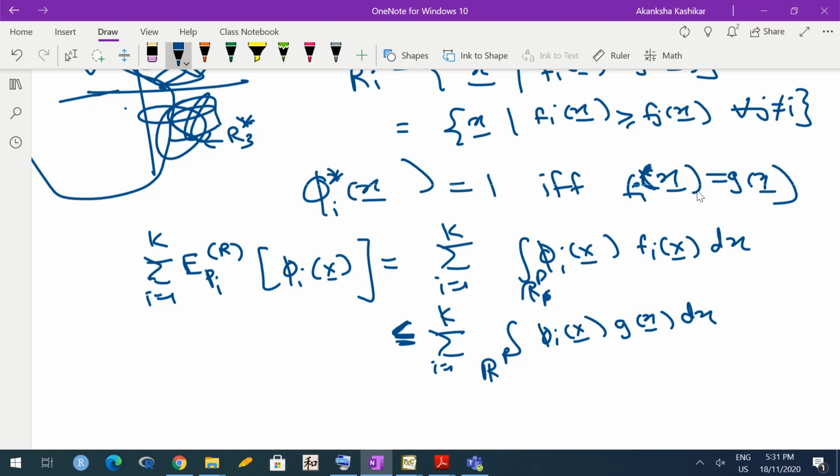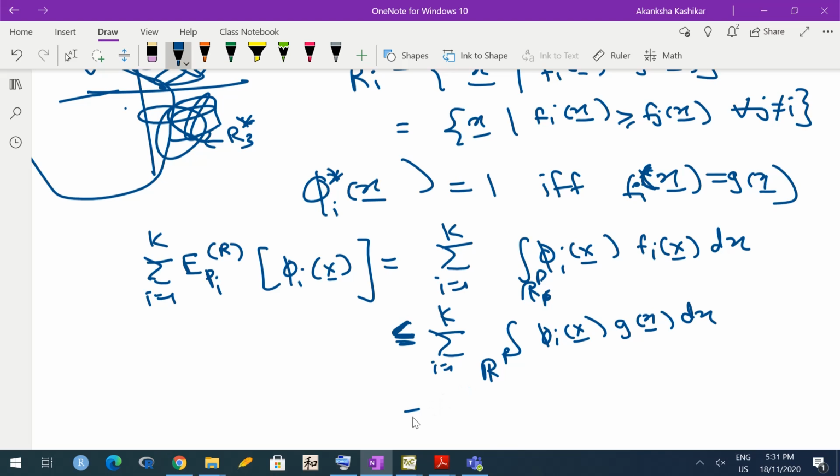Why? Because fi(x) is less than or equal to G(x) in general. G(x) is equal to fi(x) only when fi(x) is maximum, right? G(x) is the maximum of all fi's. So fi is always less than or equal to G(x), irrespective of which x you are considering.